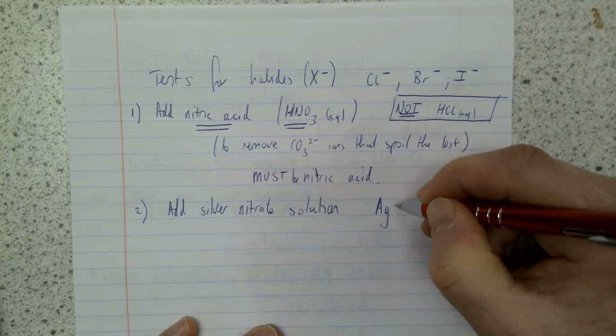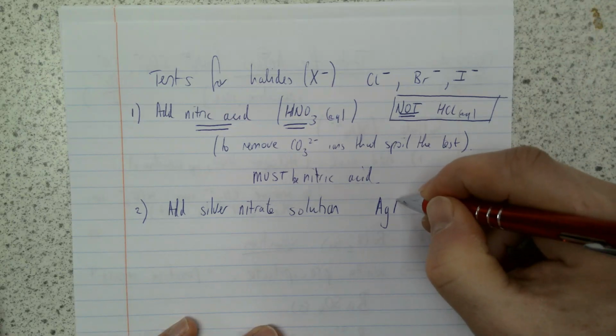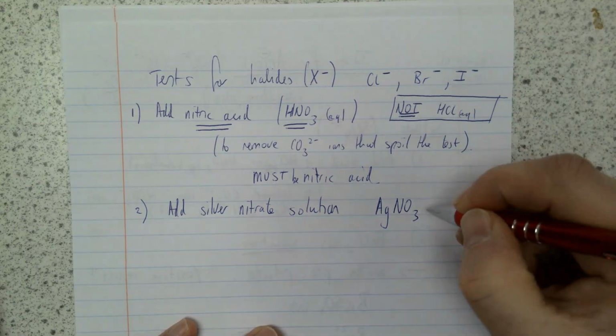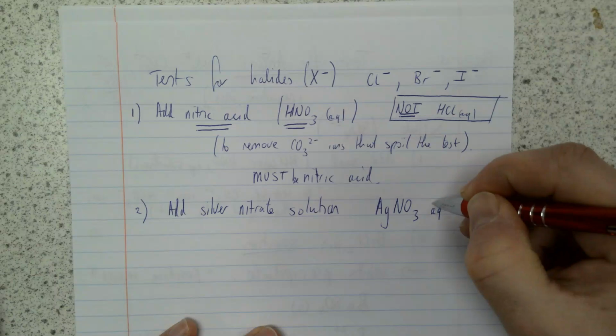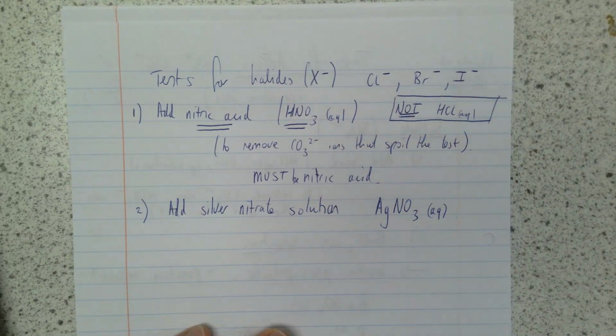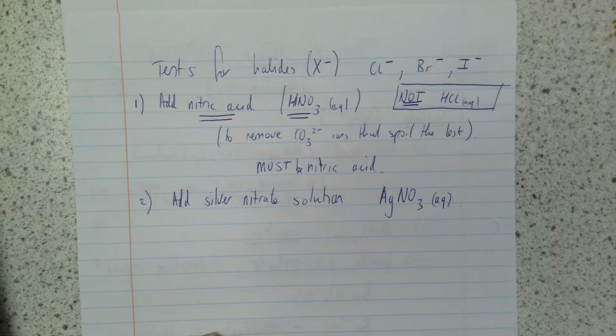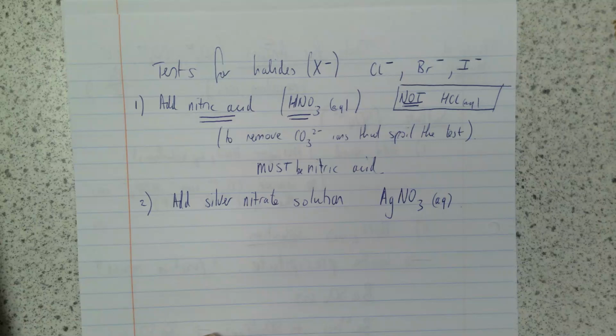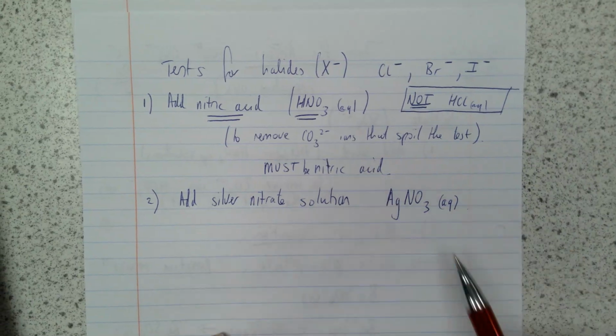And the formula for silver is Ag. Nitrate we know is NO3. Silver's a 1+ ion, so silver nitrate is AgNO3 because nitrate is a 1- ion. So the nitric acid, which also contains nitrate, and the silver nitrate are sort of related to each other, which is why we had that acid and not hydrochloric acid, I suppose.